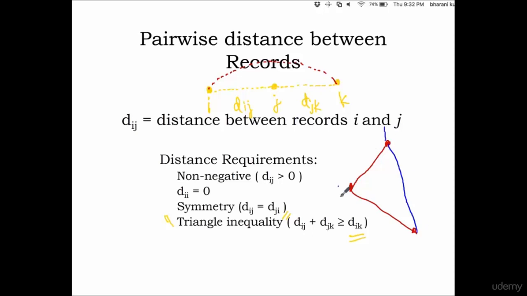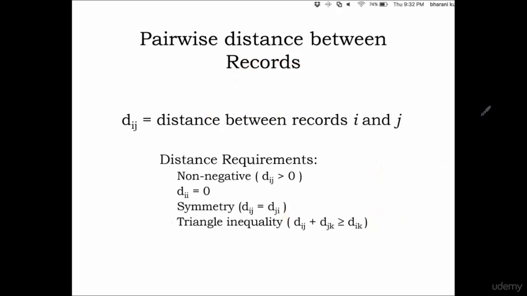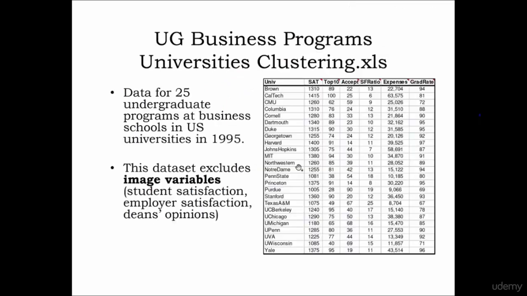Assume this is I, J and K. The distance Dij plus the distance Djk, the summation of these two, should always be greater than or equal to the distance between I and K. These are the 3 rules which any distance formula should abide by, and it will abide by them.